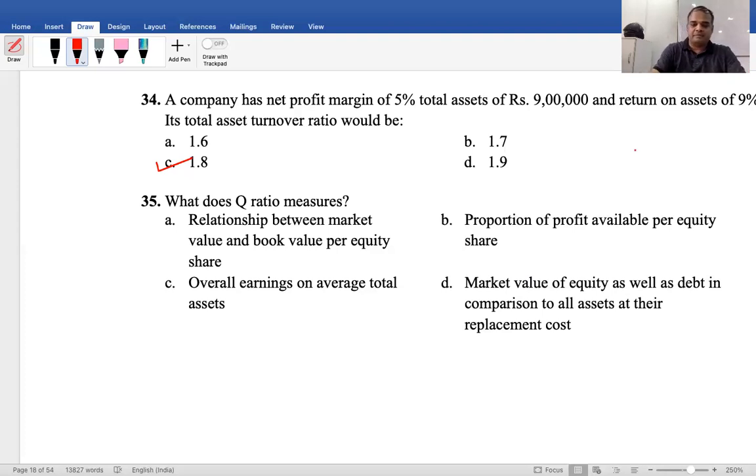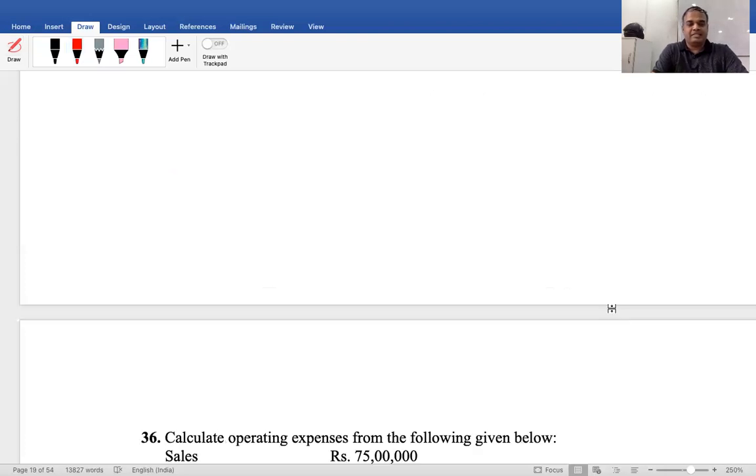What is the right answer? Market value of equity as well as debt in comparison to all assets in their replacement cost is called Q.